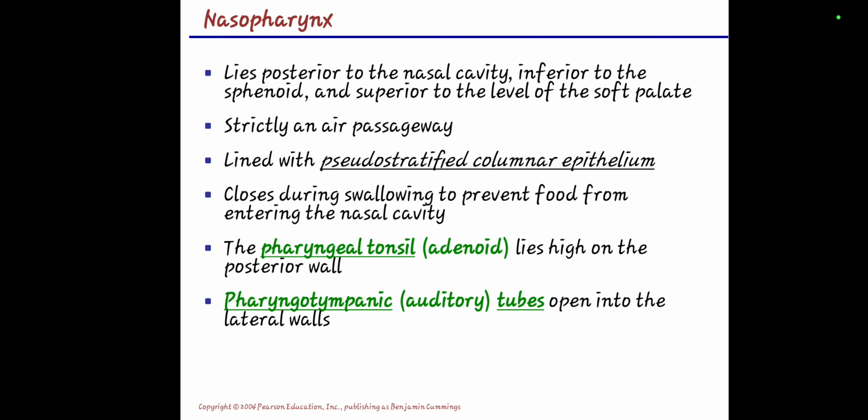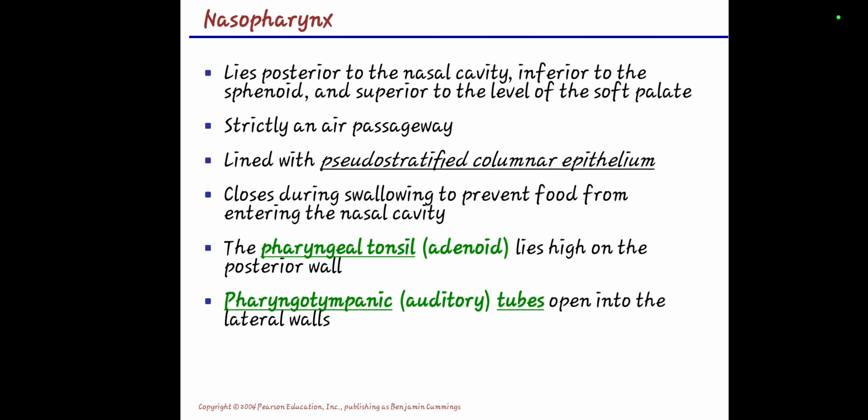And here in the nasopharynx, we also have the pharyngeal tonsil, or adenoid in other terms. It lies high on the posterior wall. We also have the pharyngotympanic or auditory tube, which opens into the lateral wall.